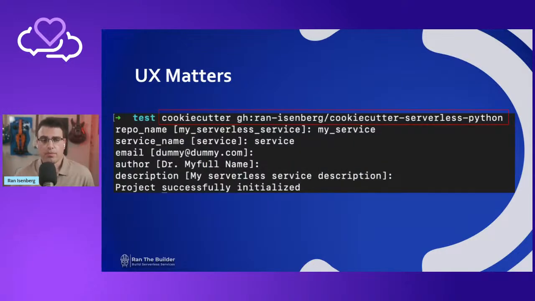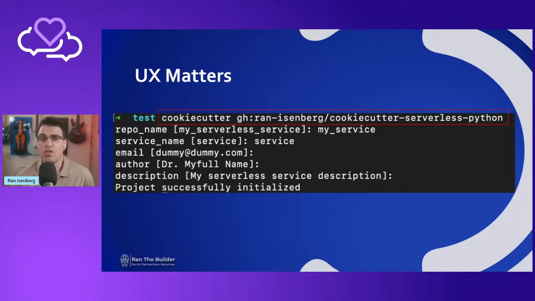So for example, in the cookbook, you can write cookiecutter. I use the tool in Python called cookiecutter. You can write cookiecutter, GitHub, run Eisenberg, cookiecutter serverless Python, enter, and then you need to add your new repository name, your service name, some information about yourself, enter, and then it's going to clone the code, scaffold everything, then it's going to start and build the virtual environment for you, install all the dependencies for you, and then all you need to do is write make deploy, and it's going to deploy the service to the cloud, and that's it.